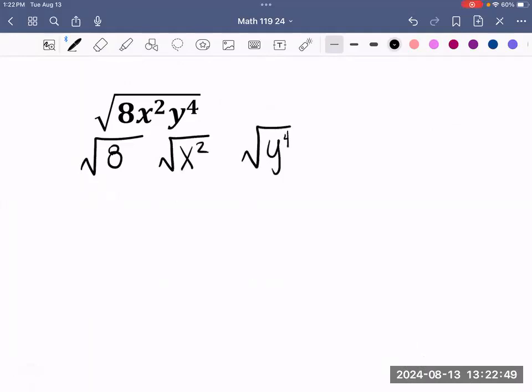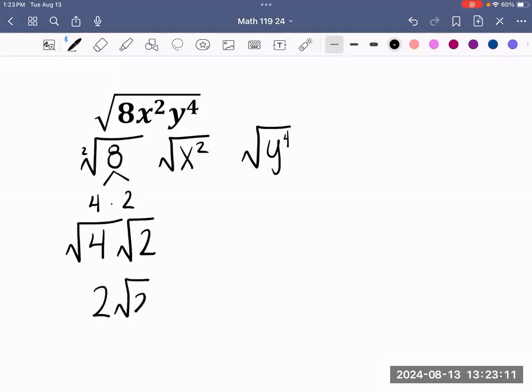So if we have the square root of 8, well, the square root of 8 is not a perfect square, but it does have perfect squares within it, right? We have a 4 times a 2. So we can take the square root of 4 and the square root of 2, which comes out to be 2 root 2.